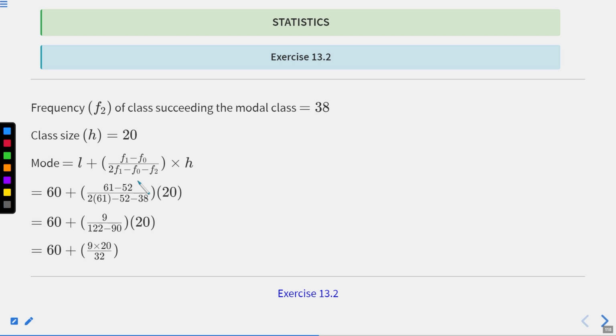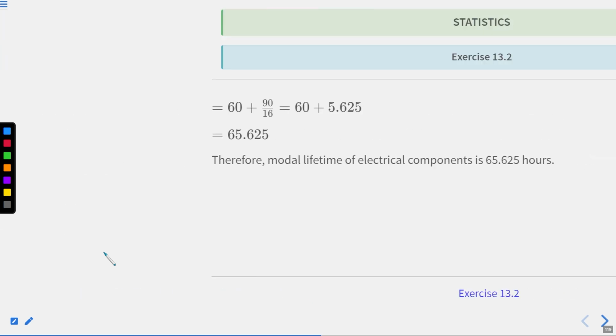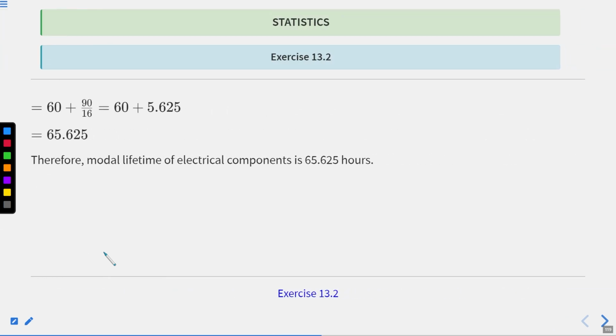If we now calculate it, we get 60 plus 9 by (122 minus 90) times 20, which is equal to 60 plus 9 into 20 by 32. Therefore this is equal to 60 plus 90 divided by 16, which is 60 plus 5.625, and this is equal to 65.625.